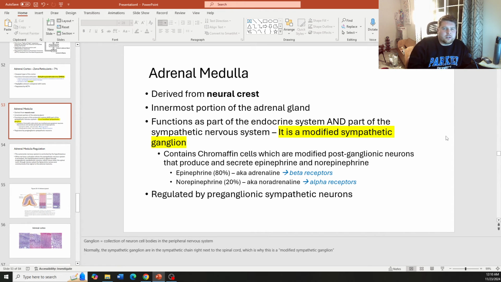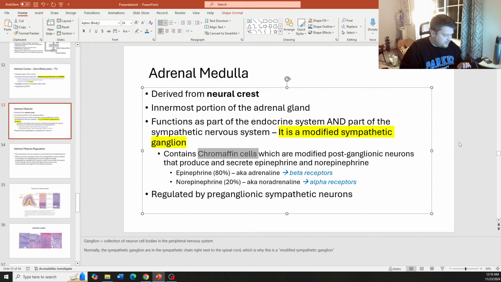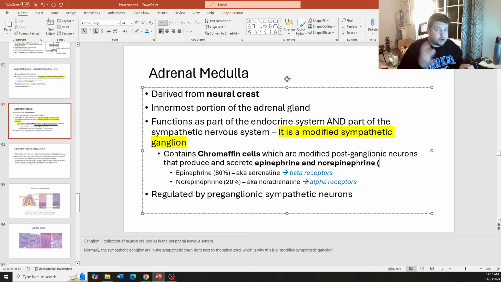That's where all of these are located. This is a special one because it's actually outside of that, which is why it's called that modified one. And it contains these special cells called chromaffin cells. Chromaffin cells produce and secrete epinephrine and norepinephrine. Epinephrine and norepinephrine are known, kind of their classification, as catecholamines.